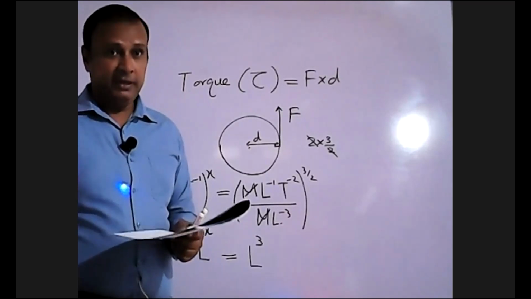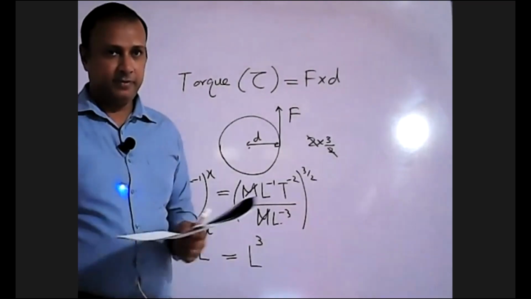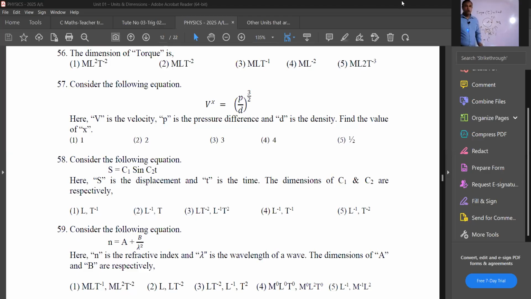But my method is something like this. You know this one. This one is the sine ratio. This one doesn't have a dimension. So the dimension of S should be equal to C1. I know S is a displacement. So the dimension of C1 is equal to L. So you can remove all the other answers.